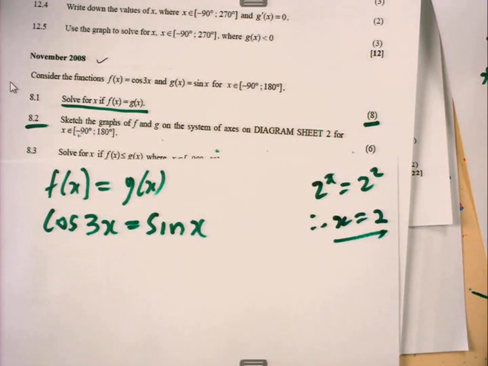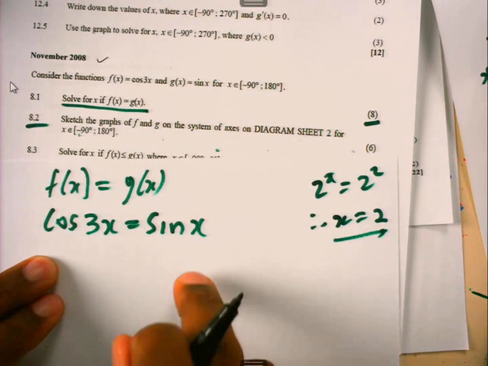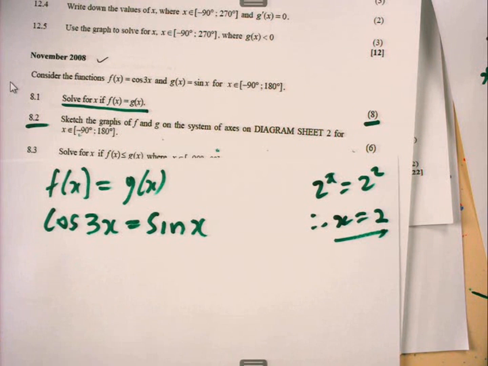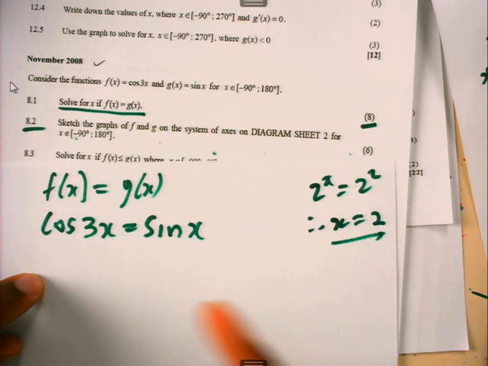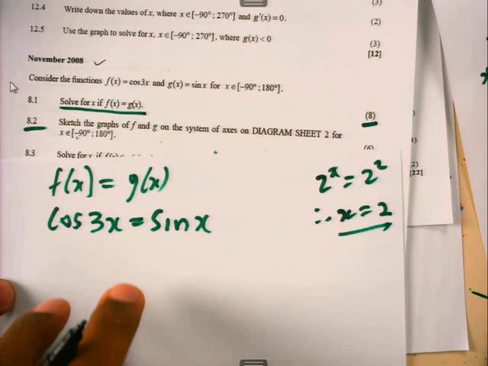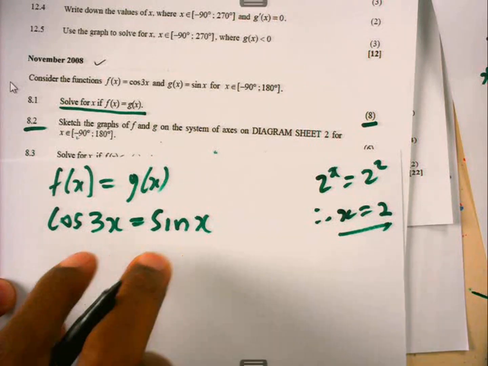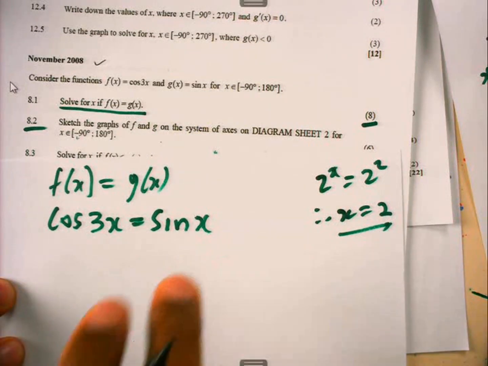Right, now we are going to solve this problem exactly the same way, but it only works if we have cos on the left-hand side as well as cos on the right-hand side, or we have sine on the left-hand side as well as sine on the right-hand side, right? But at the moment, when I look at the two, I still have cos as well as sine, right?